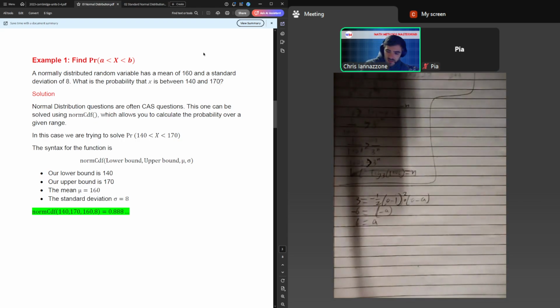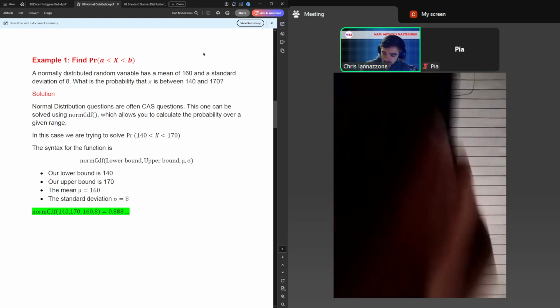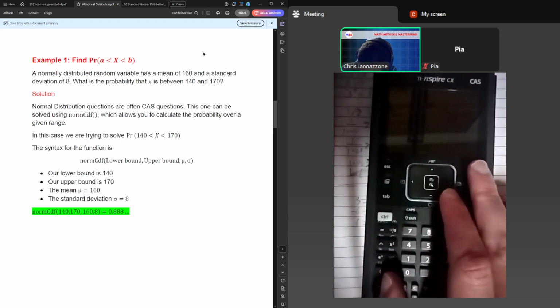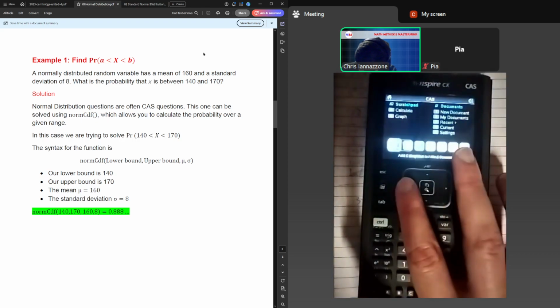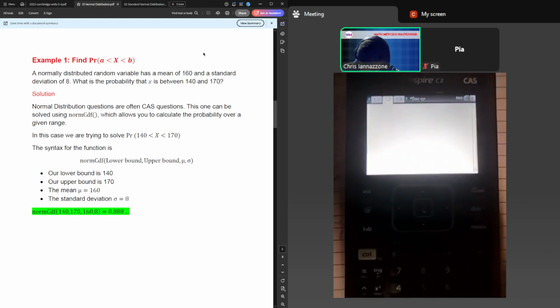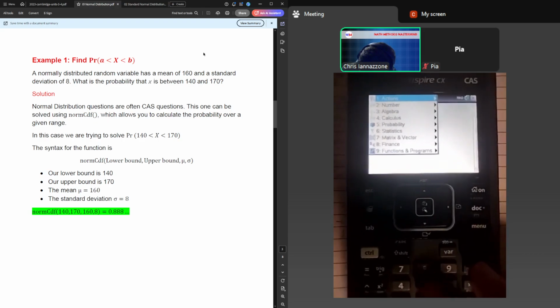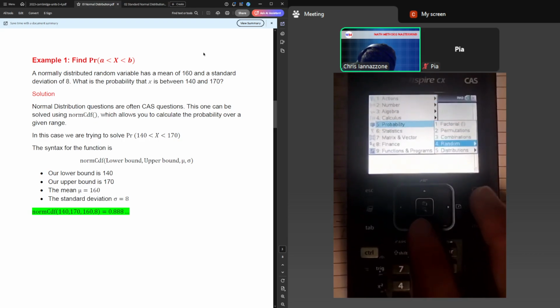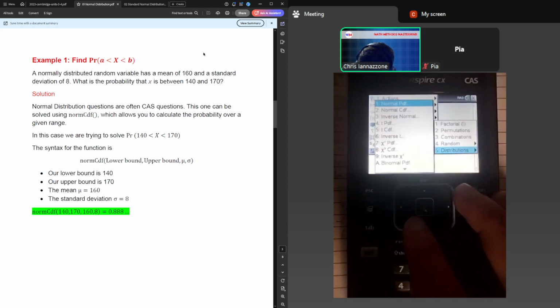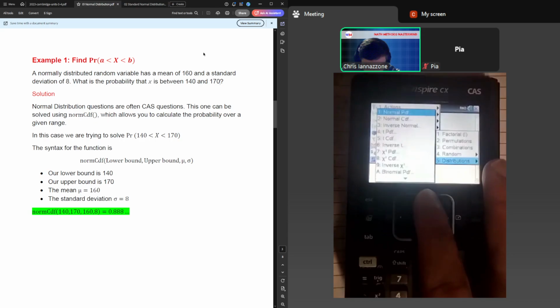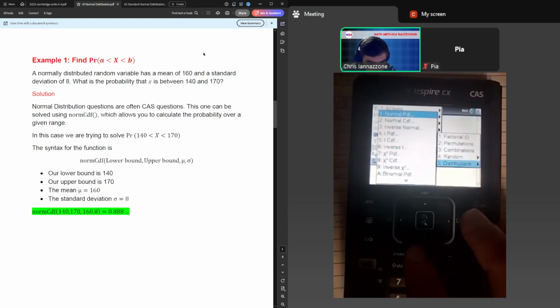So as far as how that looks on the CAS, starting with TI Inspire, menu 5, 5, and then you'll see the three normal functions: normal PDF, normal CDF, inverse normal.